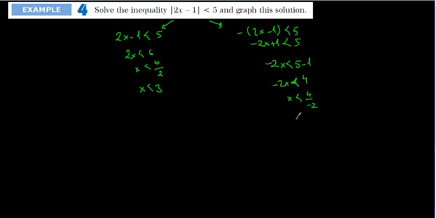Actually, when you divide by a negative number, I forgot to remind you, you have to change the direction of the sign. Last year we dealt with that, so I'm not going to continue more. So x is greater than minus 2.